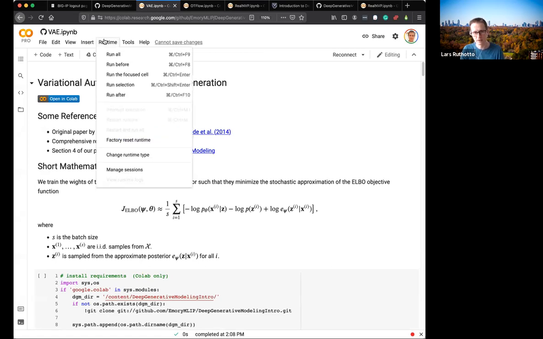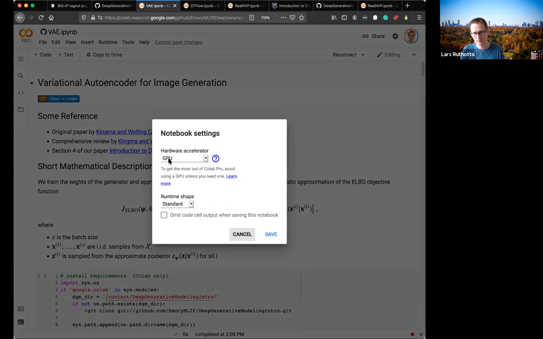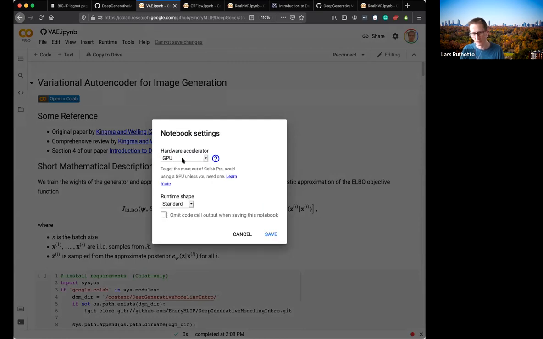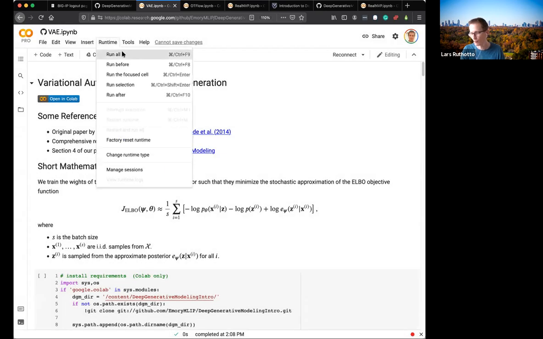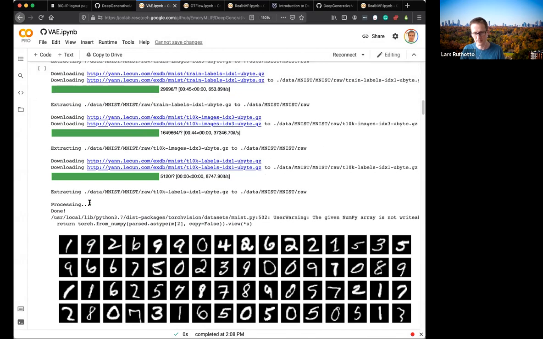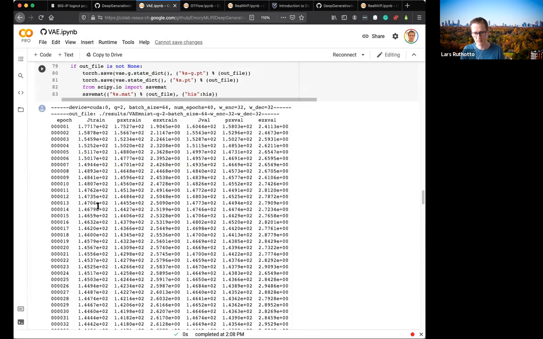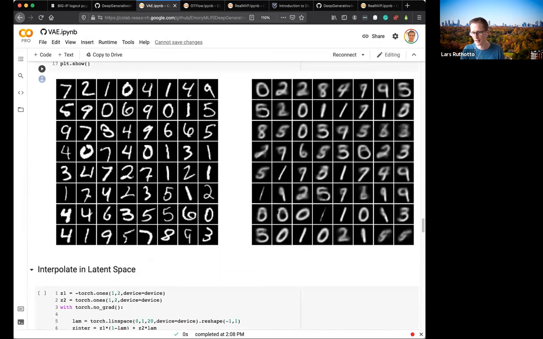If you didn't know, you can look at the runtime and change the runtime type so that you can use a GPU. By default, it will be set to none, so all computations would be on the CPU, but for this one you definitely want to use a GPU. Then you save it, hit run all, and it should just go through and give you some results. It may take a little bit to download the data set, which has become quite slow, but those are the results you would expect.